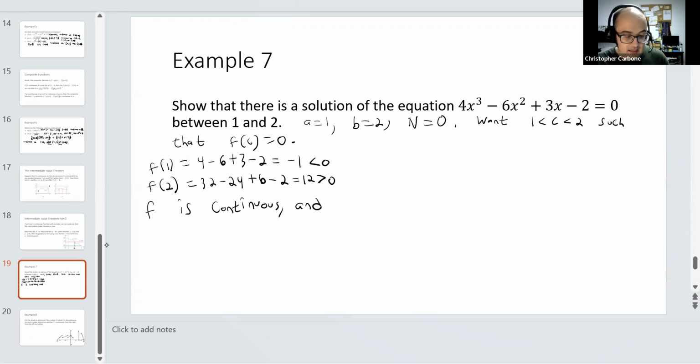We know that f of 1 is less than 0 and f of 2 is greater than 0.